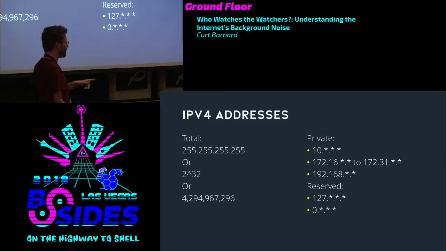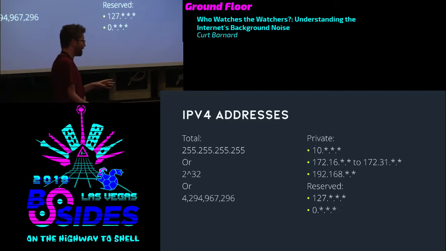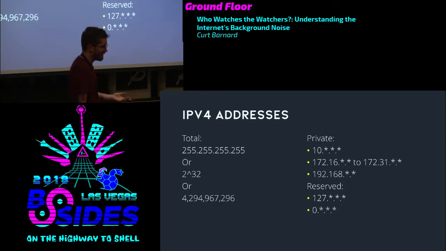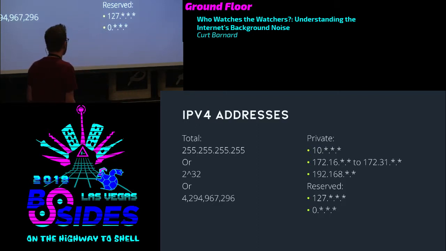So when I'm testing stuff, instead of using 8080 and then 8081 and 8082, I just bind it on 127.0.0.2 and 127.0.0.3 instead, and it's a little bit cleaner. But you can route all of those 127 addresses to your loopback interface, which is kind of cool. And 0.anything is just totally not routable.